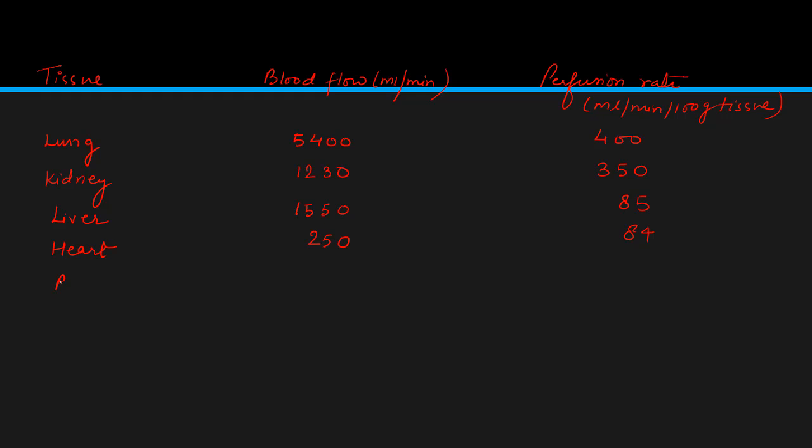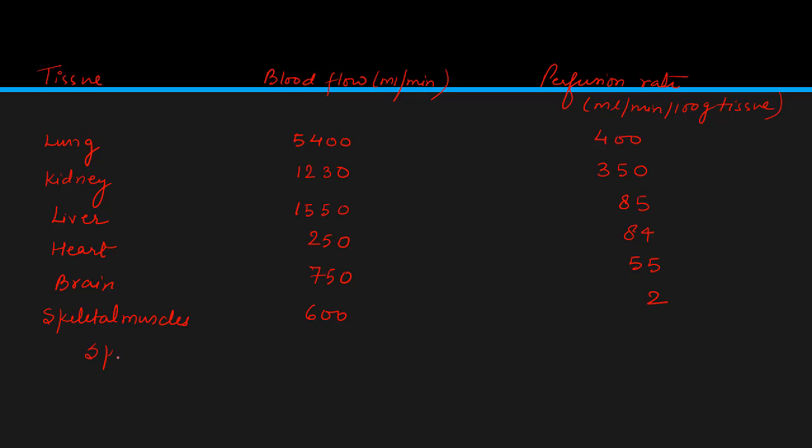Brain, the blood flow is 750 ml per minute, the perfusion rate is 55. Skeletal muscles, 600 is the blood flow ml per minute and perfusion rate is 2.